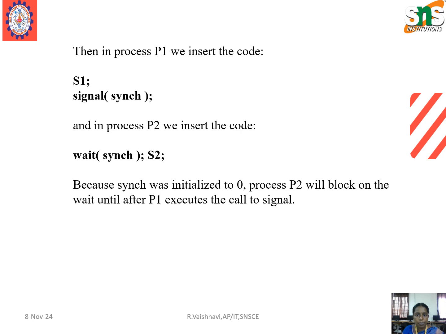Then in process P1, we insert the code S1 followed by signal(sync), and in process P2, we insert the code wait(sync) followed by S2. Because sync was initialized to 0, process P2 will block on the wait until after P1 executes the call to signal.